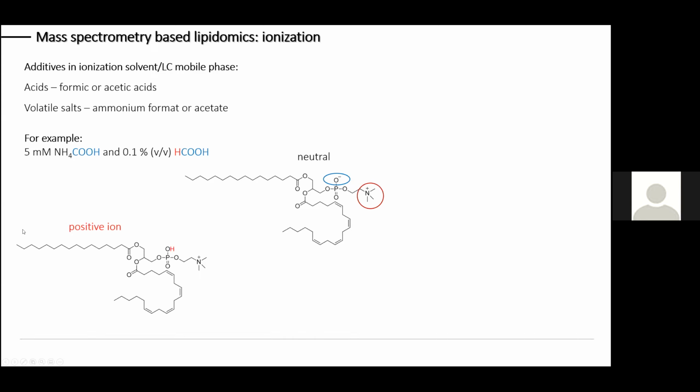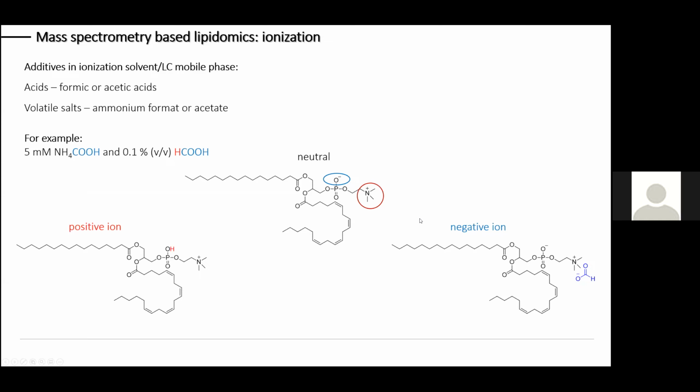In positive ion mode, we would add a proton here, so the positive charge is retained on the head group and the negative charge is neutralized, giving a positively charged ion. In negative ion mode, we can block this positive charge by a non-covalent adduct with a formate anion, so this positive charge is blocked and we have a negatively charged ion of the phosphatidylcholine lipid.